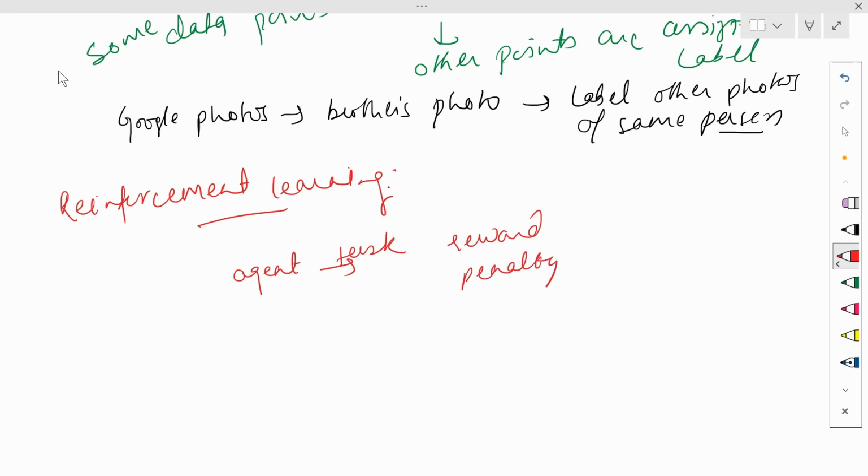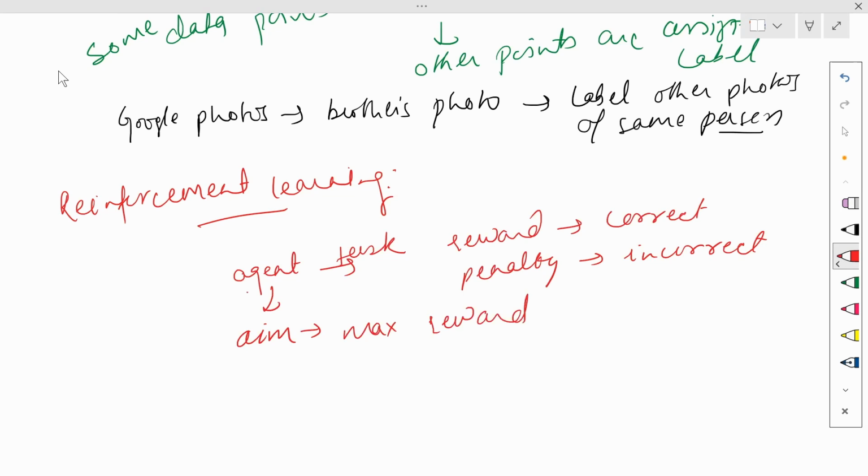A reward is given for a correct decision, while a penalty is given for an incorrect decision. The aim of this agent is to maximize the reward. That is how the agent will learn to make decisions. That is called reinforcement learning.